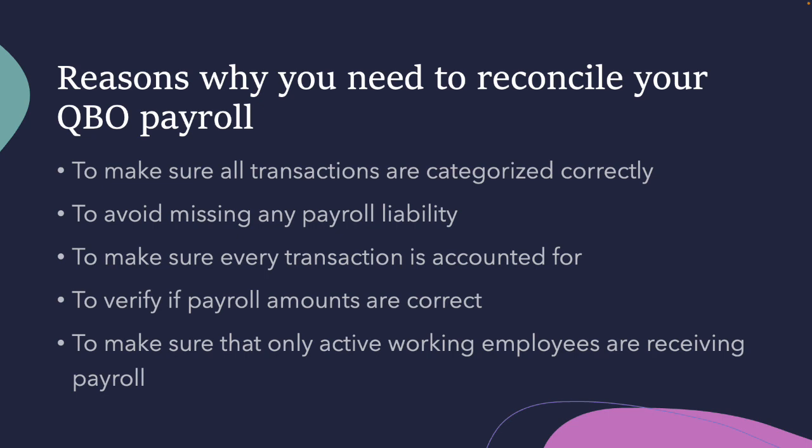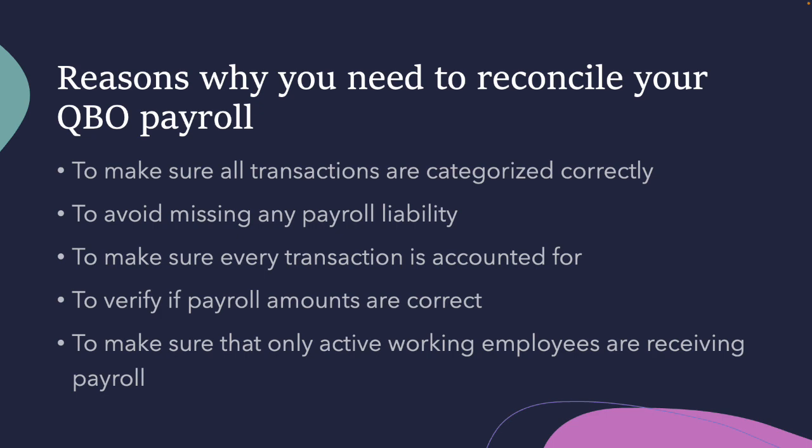Sometimes maybe the wages are in the wrong place or taxes are under wages and things like that. So you want to make sure that everything is correct. Now, there are times when withholding will be with wages, and that's okay, but employer taxes should be separate. So one thing that we need to verify is that.